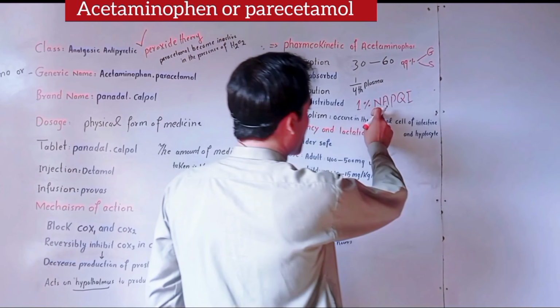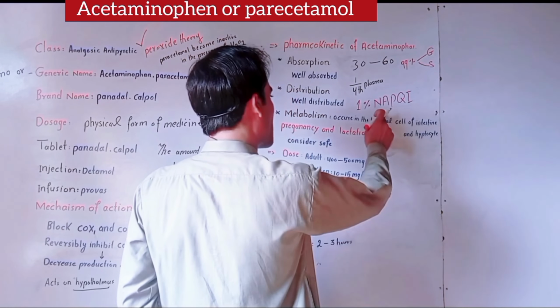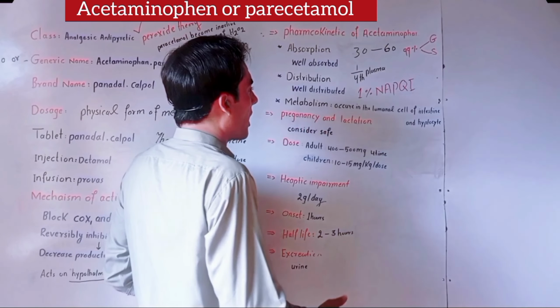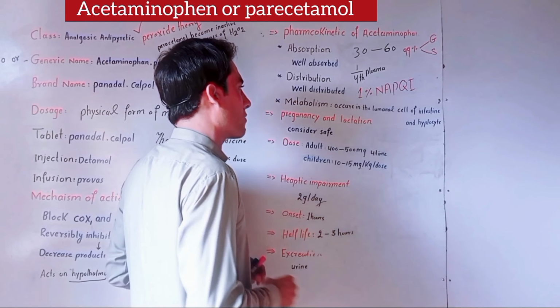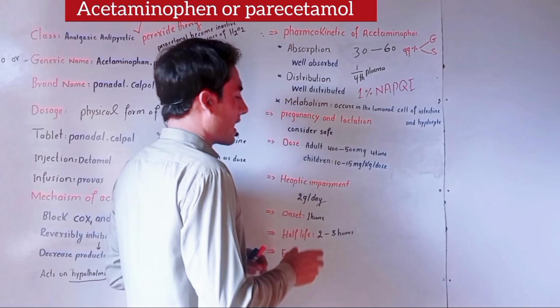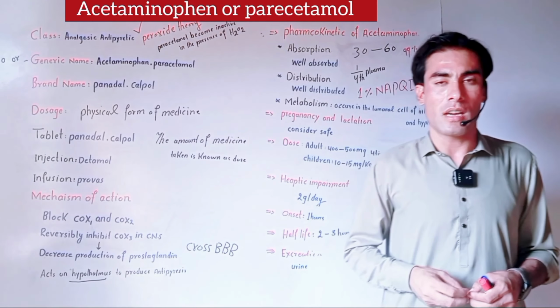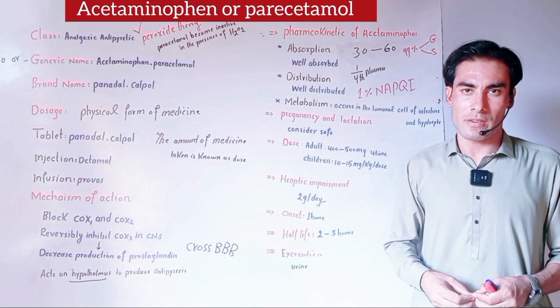Now this N-acetyl-p-benzoquinone imine is a highly reactive and potentially dangerous substance. In the setting of large toxic doses, this toxic substance reacts with hepatic cell proteins and forms a substance that causes cell death and damages the liver.